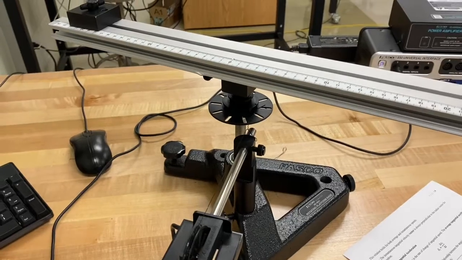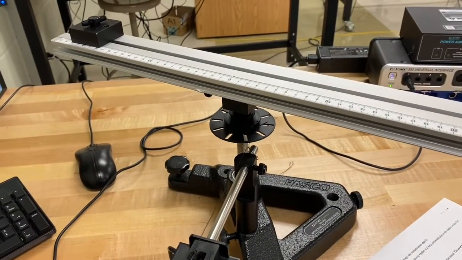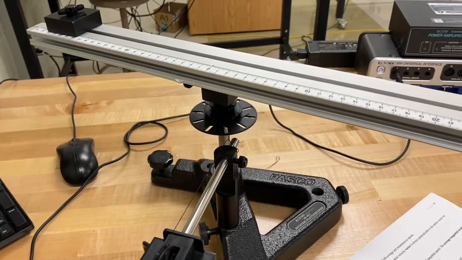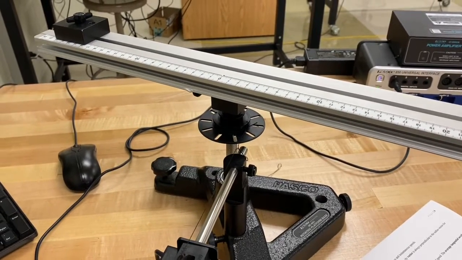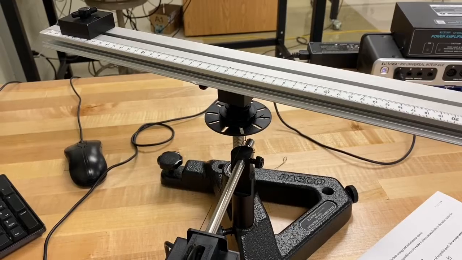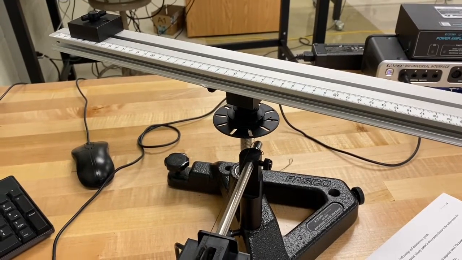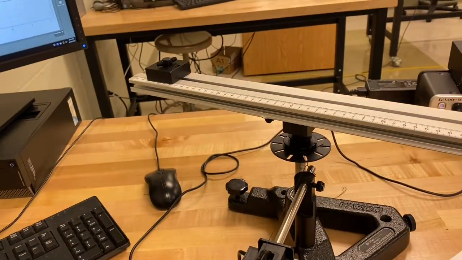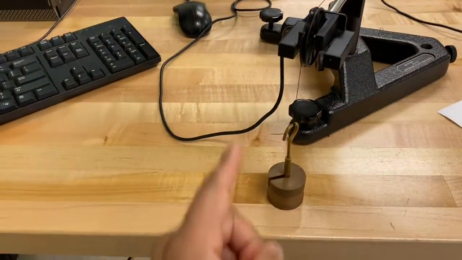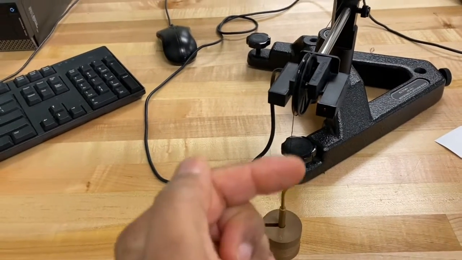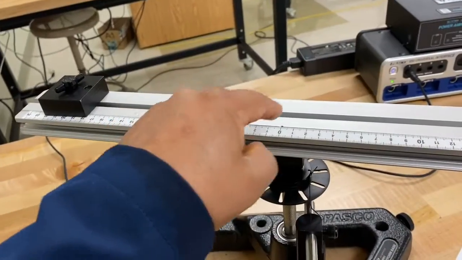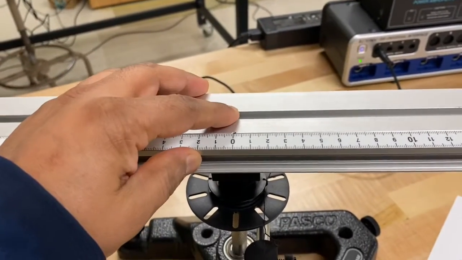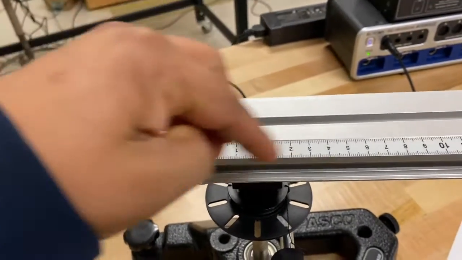Now I'm going to record the data of the activity 2. Now first I'm going to get the angular acceleration and linear acceleration of the system. To get that, I'm going to record the linear speed and angular speed as a function of time when the system is accelerating, when the hanging mass accelerates downward linearly, and this platform is accelerating rotationally about this axis.